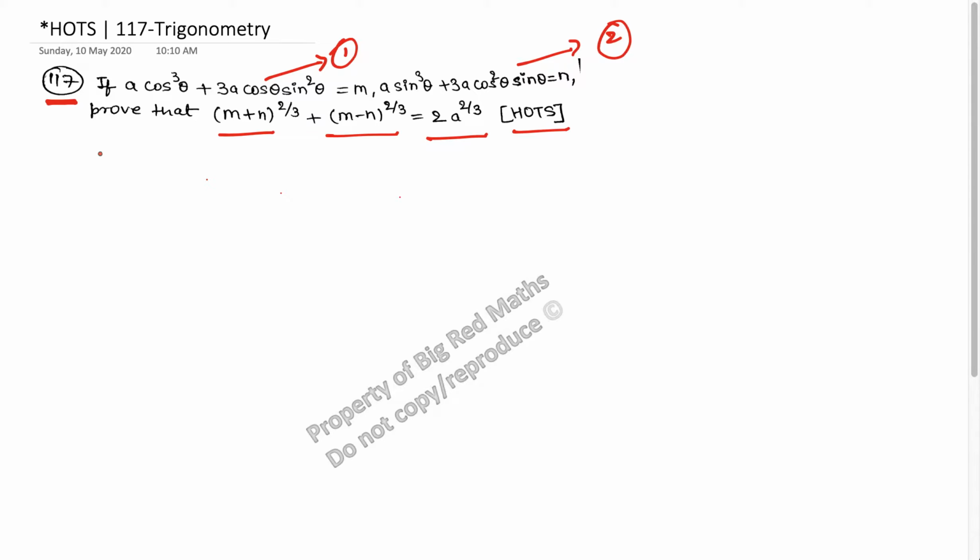Let's start now. So m is equal to a cos cube theta plus 3a cos theta sine square theta. This is m, which is my equation 1.